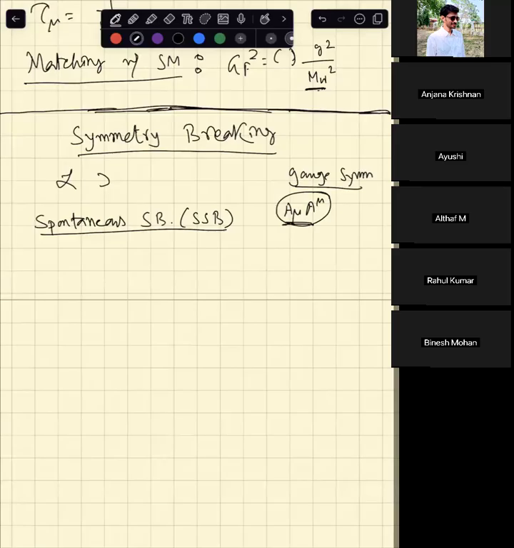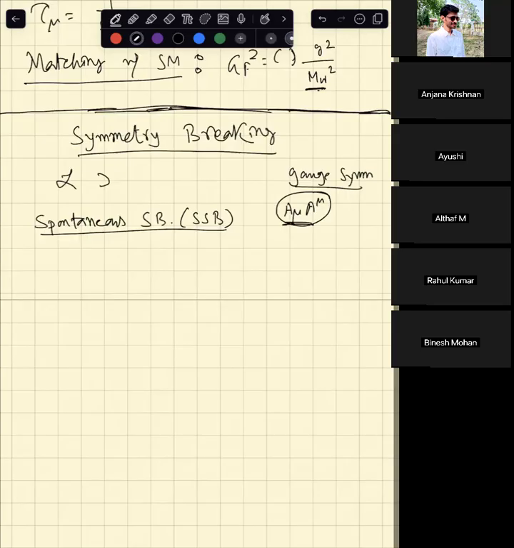So that means we have to design our scalar potential in such a way that, without adding an explicit symmetry breaking term, it automatically leads to some kind of symmetry breaking. The Lagrangian still respects the symmetry, but not the solutions.